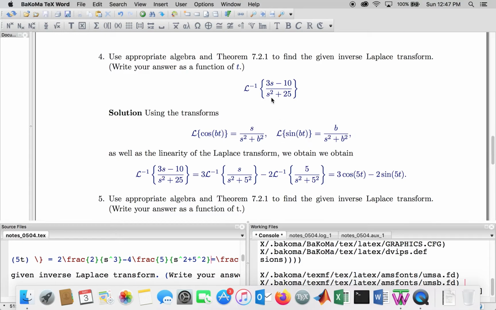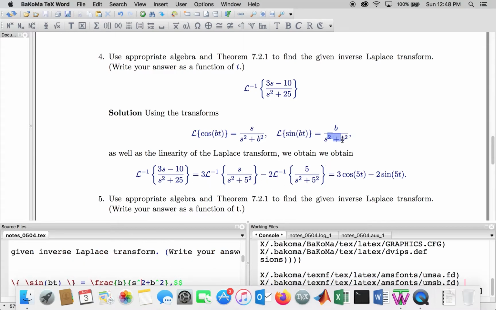So anytime you have a quadratic in a denominator, like a sum of squares, if it's not a sum of squares already, you could do completing the square to make it a sum of squares. Then your inverse transform is going to involve cosine and sine. So here I have 3s over s squared plus 5 squared minus, and then the 10 I'm going to break down, and the reason why I do it this way is I have s squared plus 5 squared in the denominator.